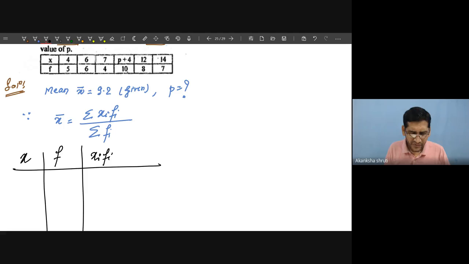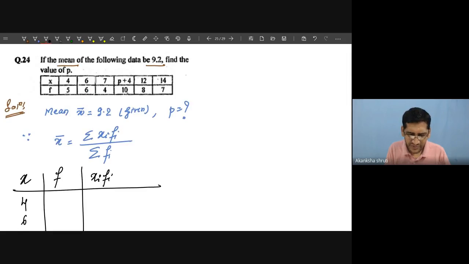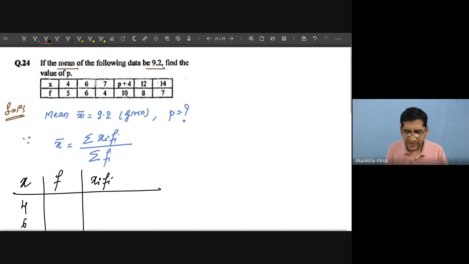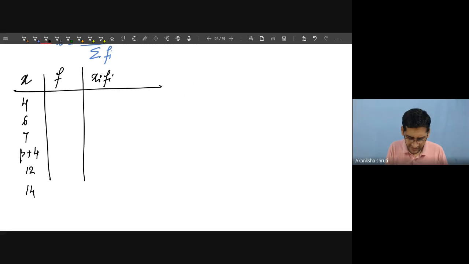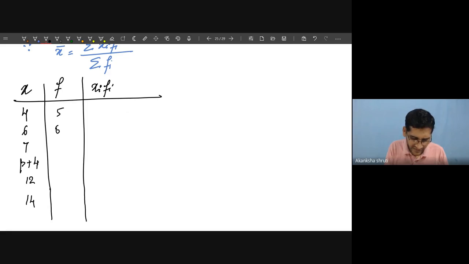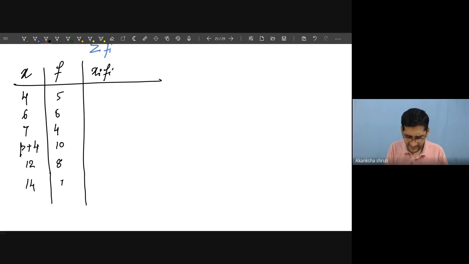The x values are 4, 6, 7, P plus 4, 12, 14, and the frequencies are 5, 6, 4, 10, 8, and 7.